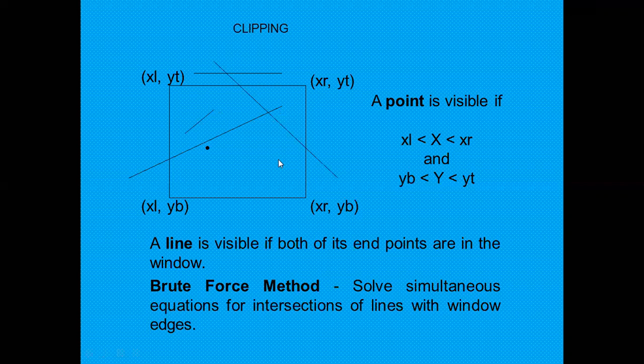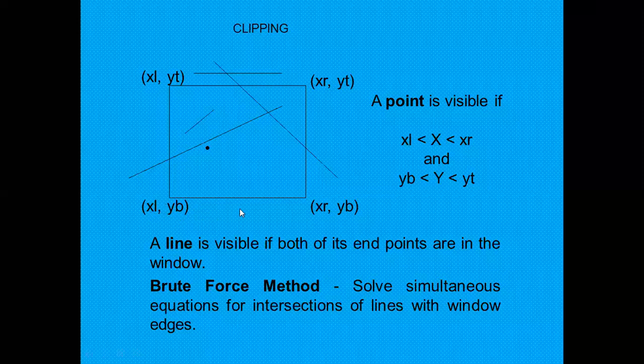Now first draw the window. This is called the window, a rectangular portion you can see here. Now we are going to define the coordinates here: xl comma yb, meaning x left comma y bottom.